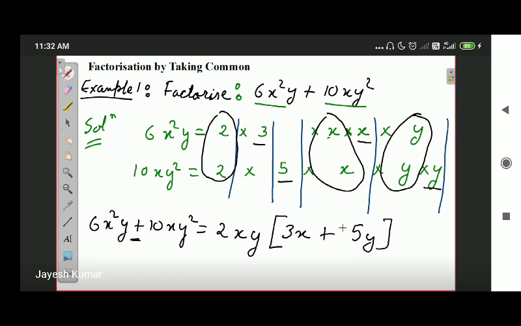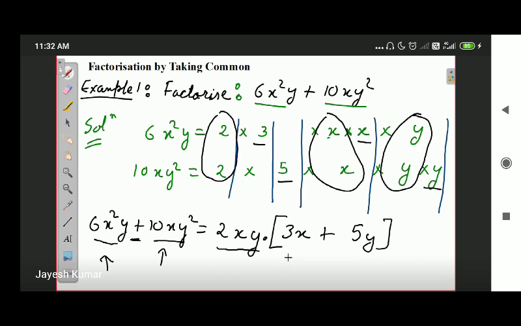So what I have done is, I have changed the form of the polynomial. I have changed the representation of the polynomial. Earlier we had 2 terms that were added, and now we have 2 terms that are being multiplied. First term is 2xy, second expression is 3x plus 5y.